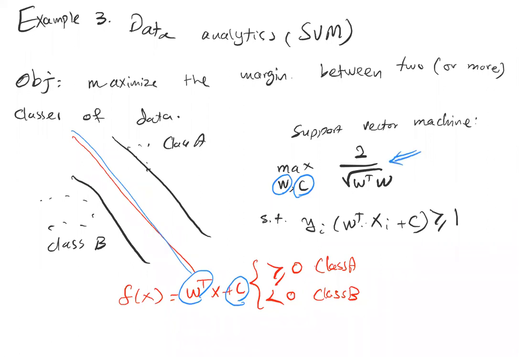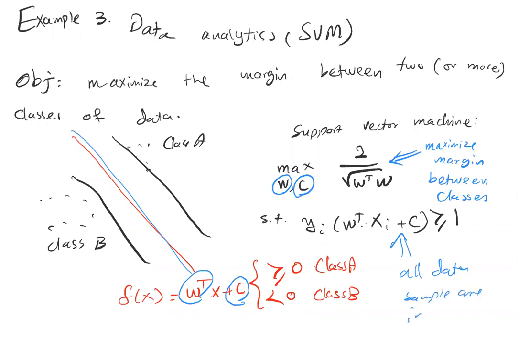An optimization problem where one wants to maximize the margin between classes, subject to all data samples being in the proper class. So we want to ensure that the distance between our two classes is maximized. Also, we want to make sure that most of the data is in the right class.